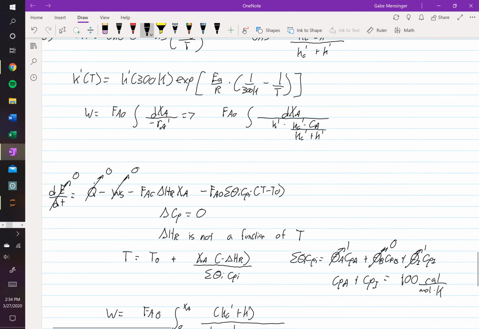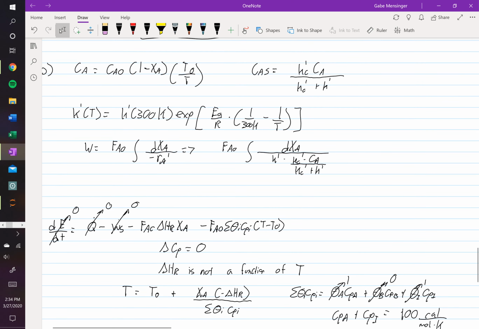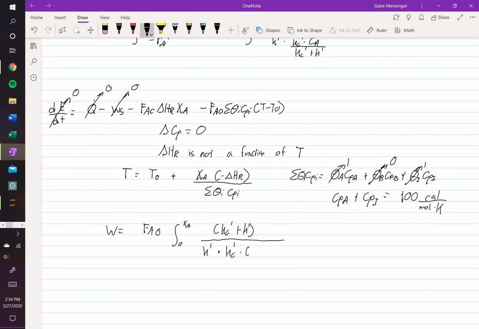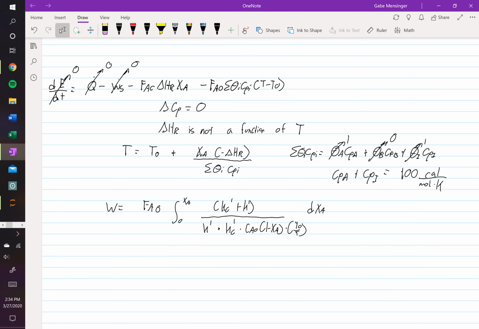Then our expression for CA, which we found up here, times CA naught, 1 minus XA, times T naught over T, dXA. We can pull out a handful of these values because they are constants. So FA naught, KC prime is not a function of temperature, and T naught obviously will remain constant, and CA naught we can also pull out.